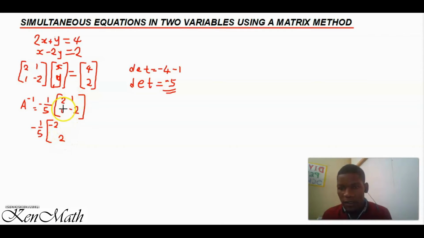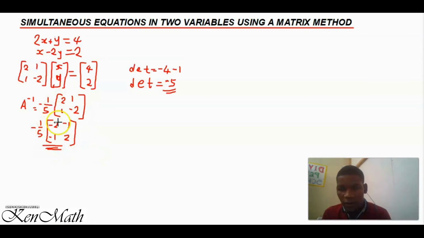And then for these other ones, you multiply by negative 1, so negative 1 and also negative 1, because negative multiplied by positive gives us a negative. So we have got something like this. That is what we have for the inverse.